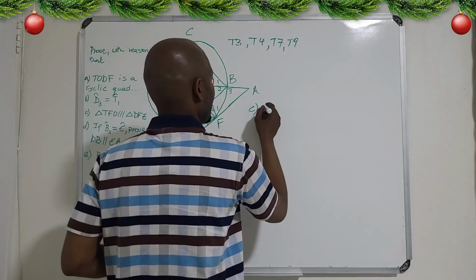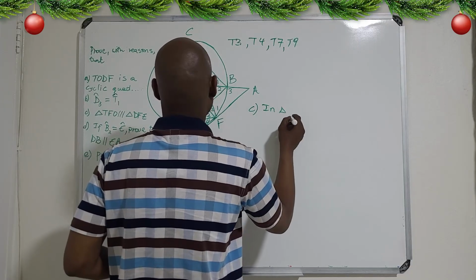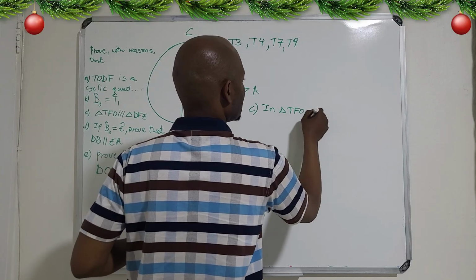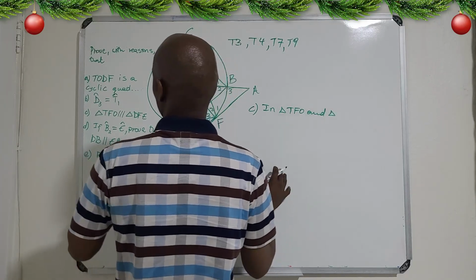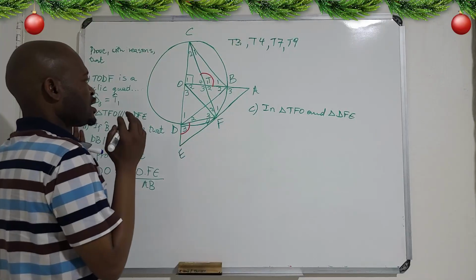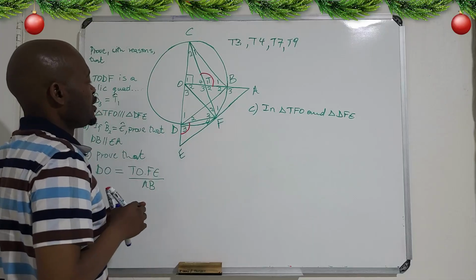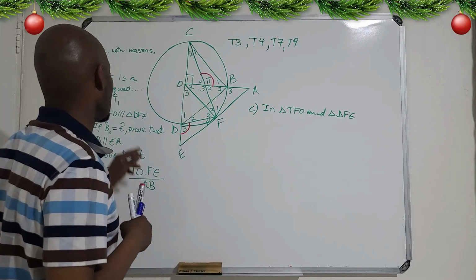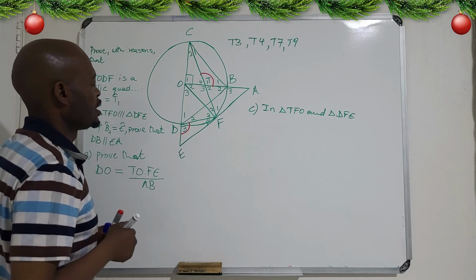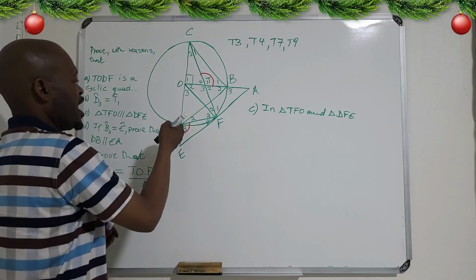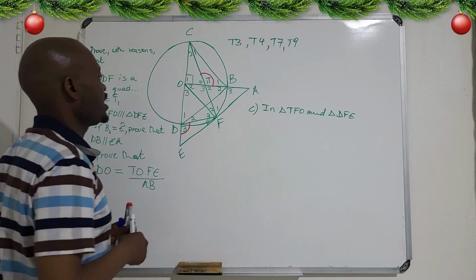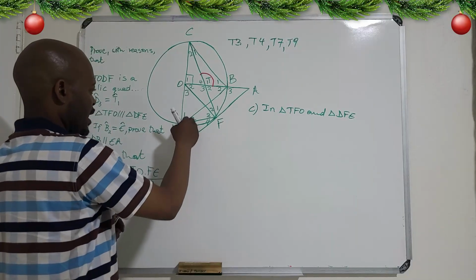We start there. In triangle TFO and triangle DFE, since we can talk about angles, it means that you are going to prove this using equiangular triangles, where all corresponding angles are equal. Therefore, the first angles which are equal is angle D3.